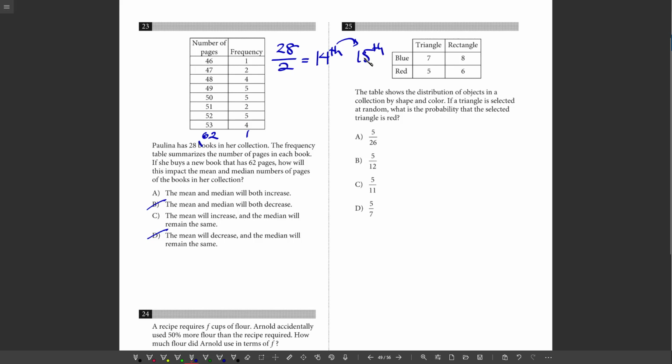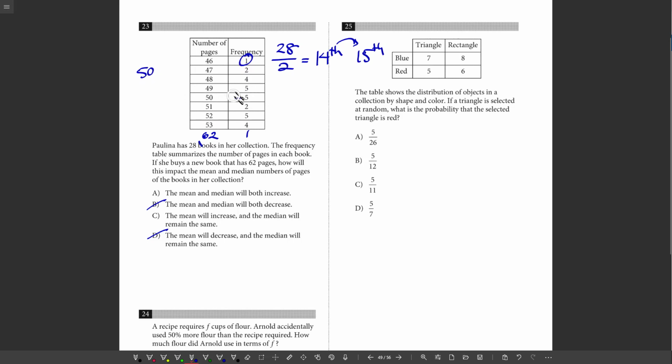Those are your 2 middle numbers. So I can count up from the bottom until I get to the 14th and 15th book. So let's see. 1, 2, 3, 4, 5, 6, 7, 8, 9, 10, 11, 12, 13, 14, 15. And so right here, my 14th and 15th will be in this group. Okay, so my original median is 50.